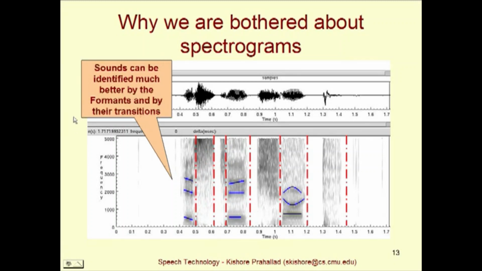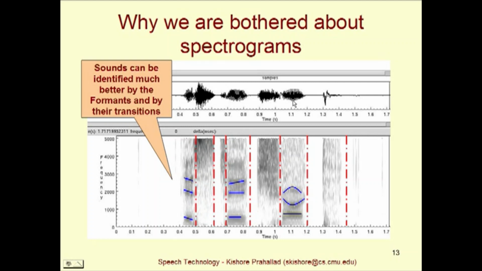The other important thing is that sounds can be better characterized by their formants and also by their transitions. This dark region is a formant, and you can see the transitions here, denoted with the blue lines. I'm not going to give more details than saying that the formant transition will help you clearly identify the sound which has been spoken, whereas if you look at this signal you can't tell what sound it is.